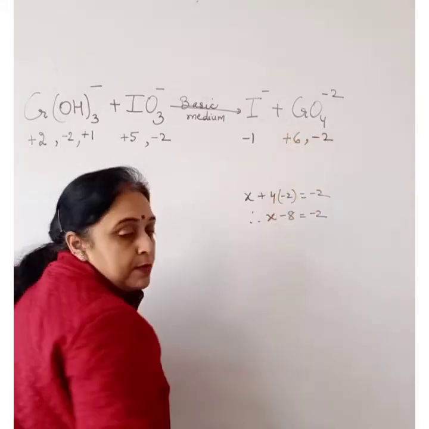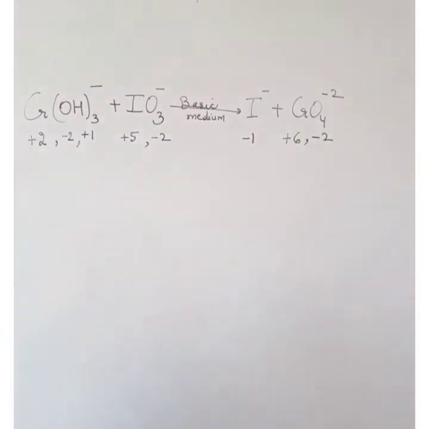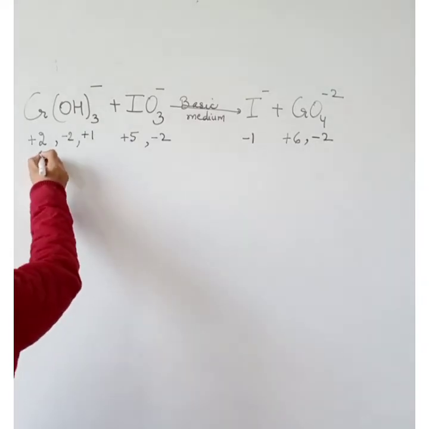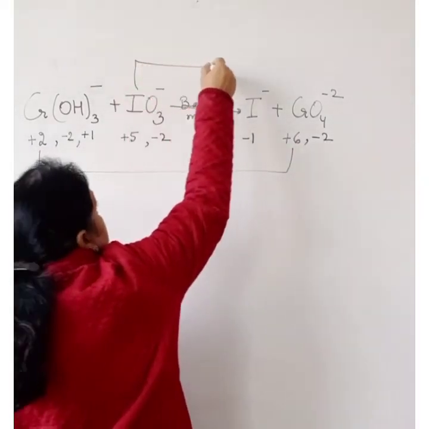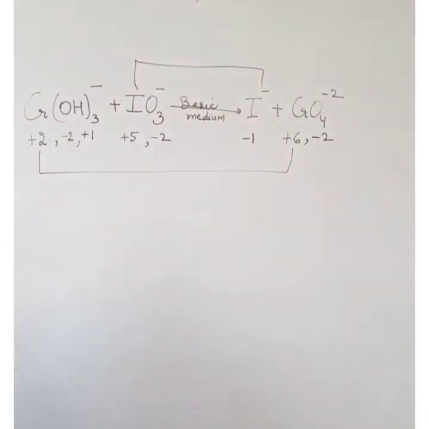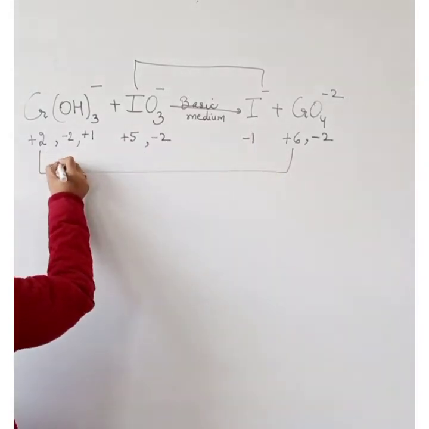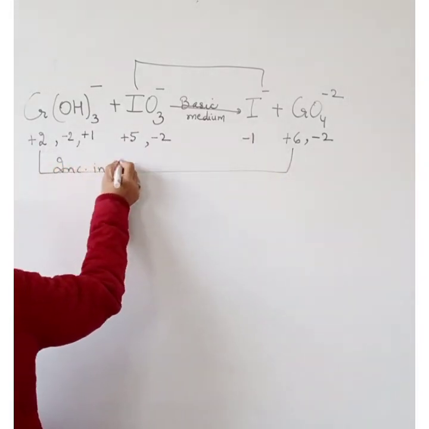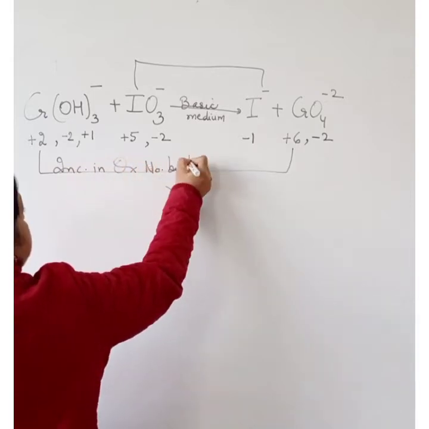So, x is how much? Plus 6. So, we have written down the oxidation number. Now, identify the elements which are undergoing change except hydrogen and oxygen and connect them. So, I am connecting it like this. Find out the change. Plus 2 is changing into plus 6. So, there is increase in oxidation number by 4.